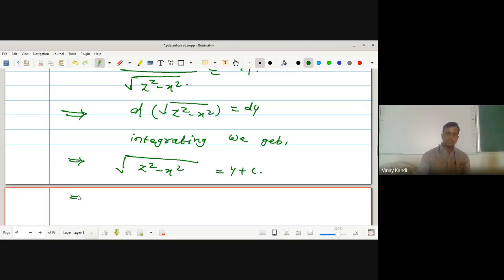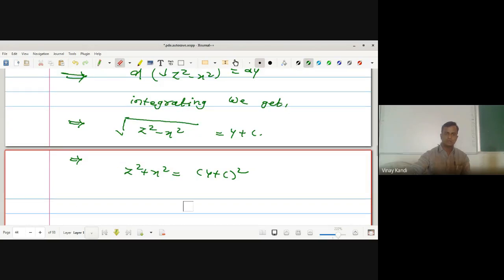Now squaring on both sides, z square plus x square is equal to y plus c bracket square, sorry, minus, with the minus. z square. Okay, so this is z square is equal to x square plus y plus c bracket square.